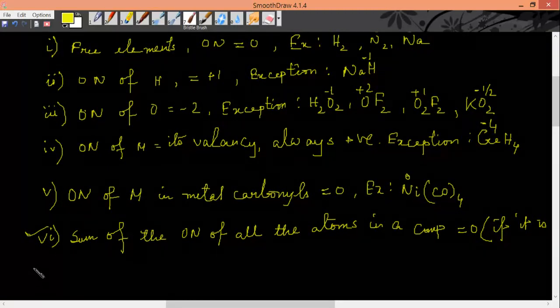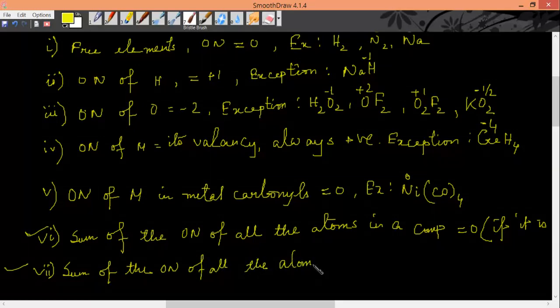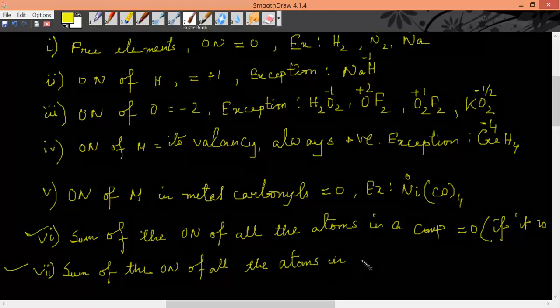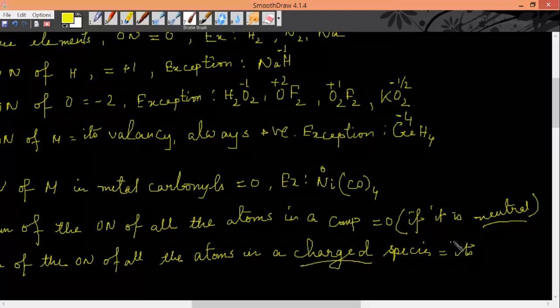Rule 7 is also very important. Sum total of oxidation number of all the atoms in a charged species, for charged species it equals its charge.